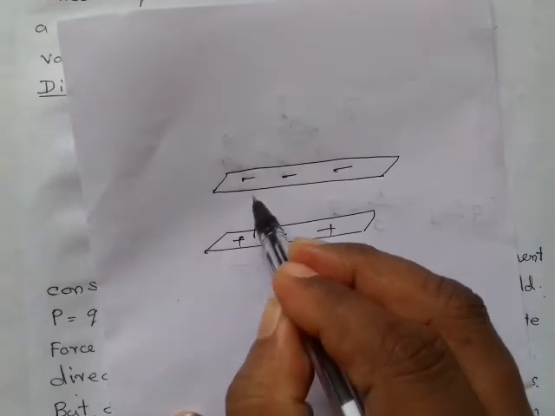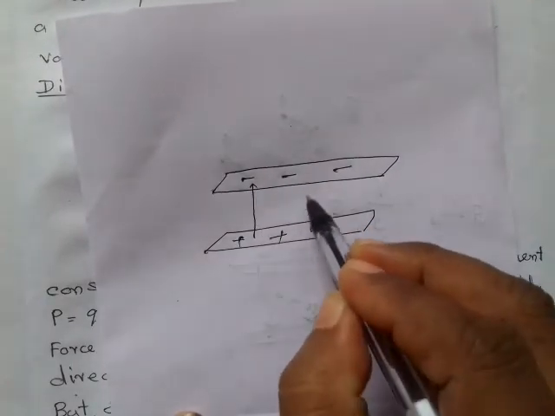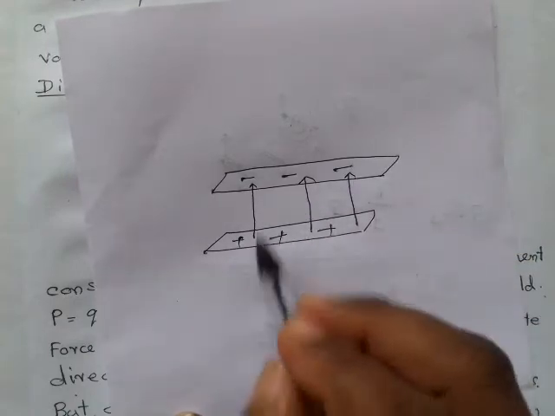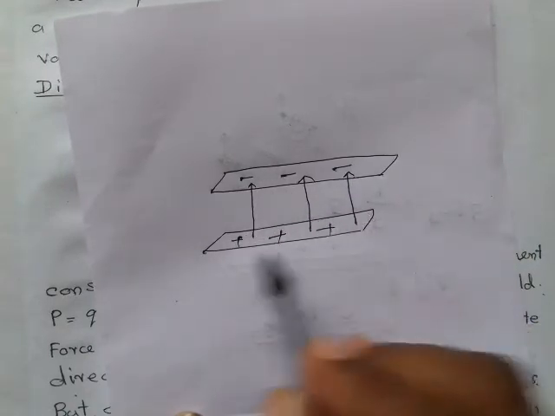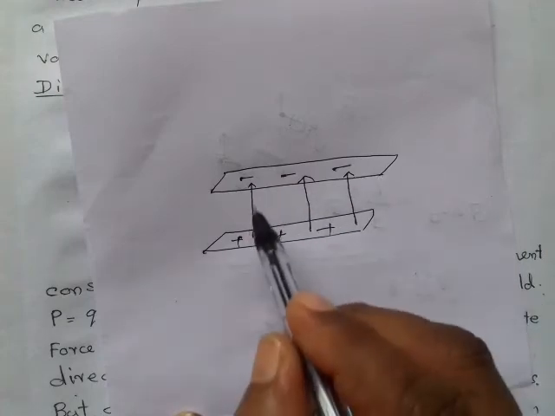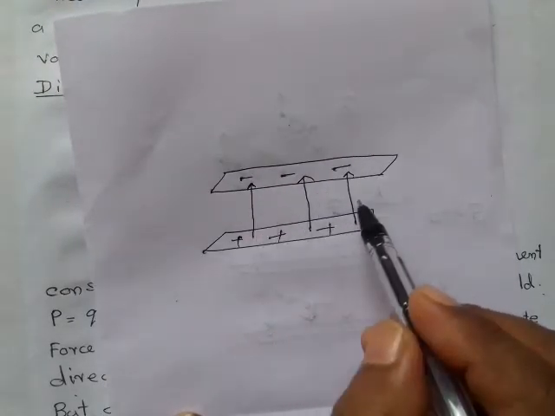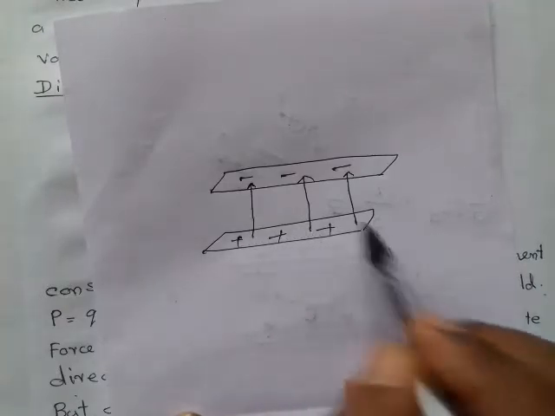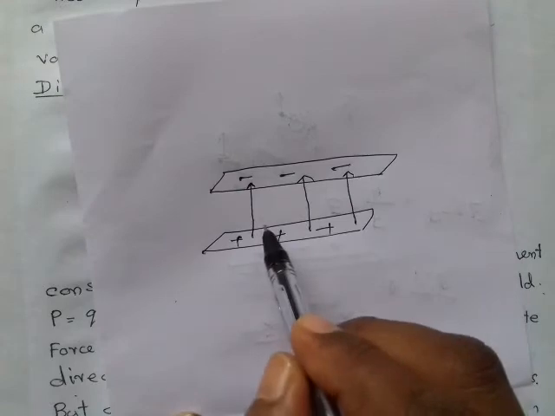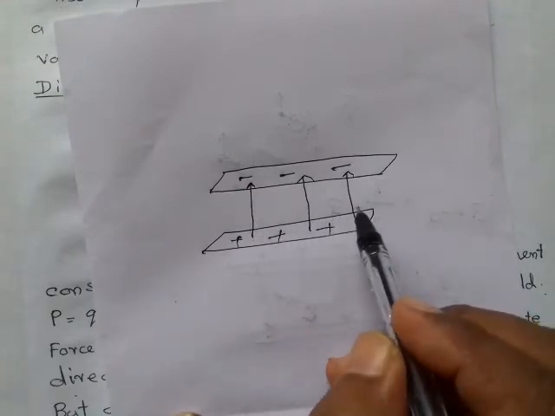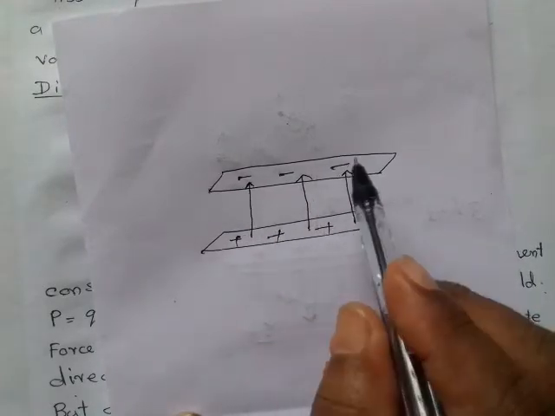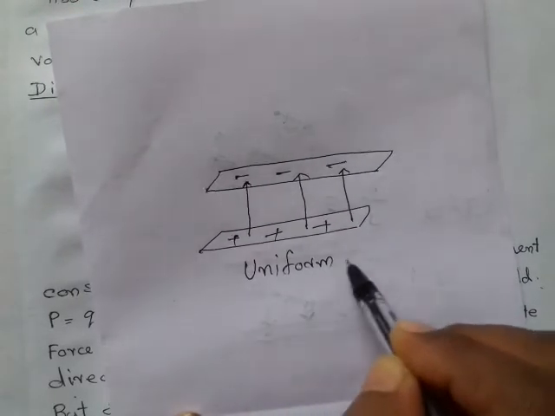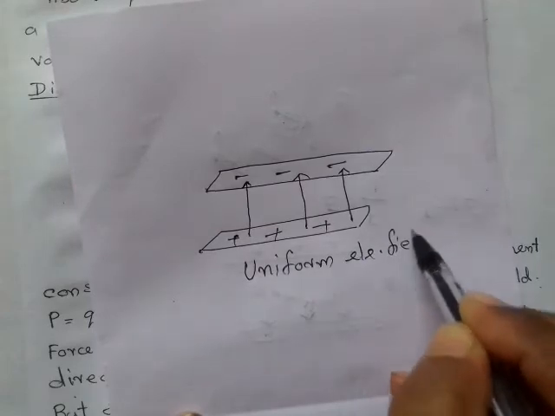Electric lines start from positive charge and end at negative charge, right? The lines cannot cross each other. Only 3 lines are drawn, but actually many lines will be there. All these lines will be parallel so that they do not cross each other. Since both plates are uniformly charged, the lines are equally spaced and all in the same direction. So this is an example of uniform electric field.